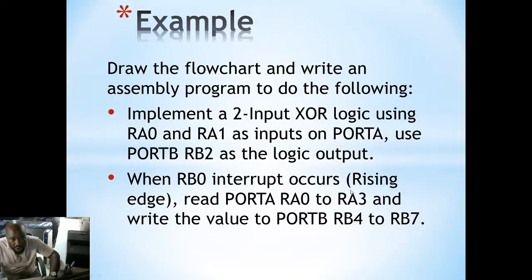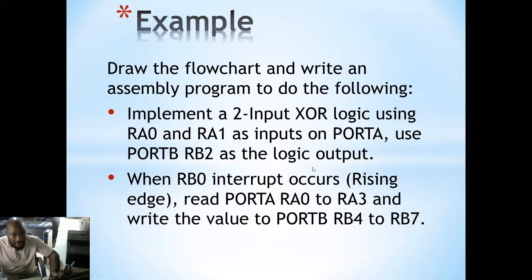So this part we are going to do when the interrupt takes place. This part we are going to do as part of the main function. So when the interrupt happens, we skip and we come read A0 to A3, write the value on B4 to B7, and then we clear the interrupt flag. We return back here where we are implementing a 2-input exclusive OR logic gate.